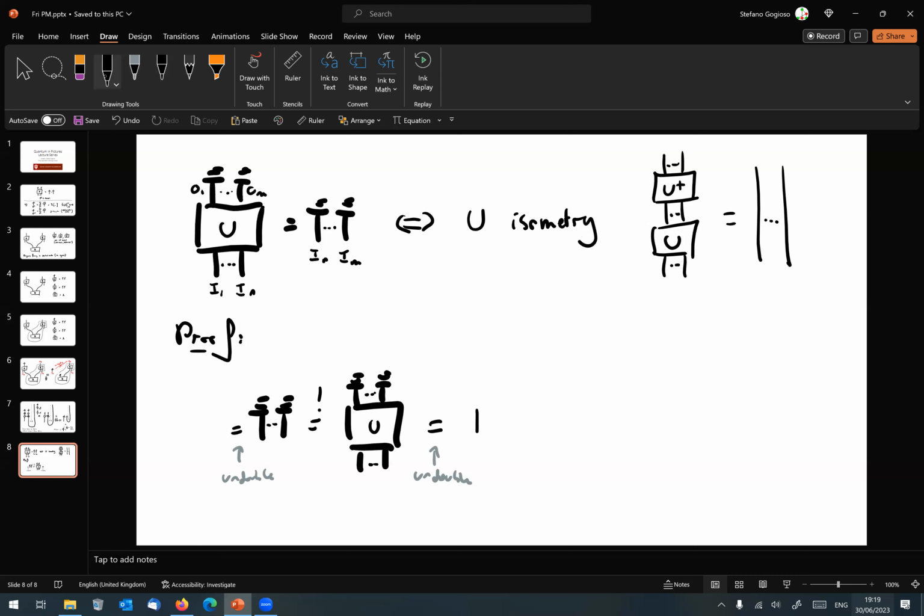And I get U star. And each discarding map corresponds to a cap. So I connect the outputs of one to the outputs of the other, like that. And on the left-hand side, I also undouble, and I get something like this.